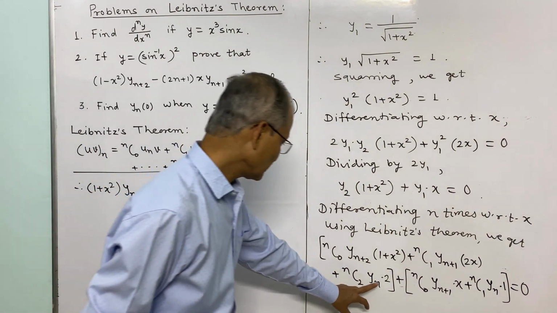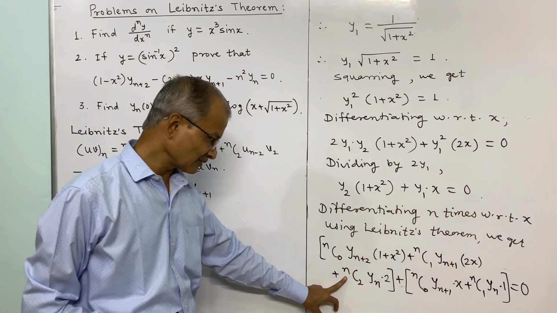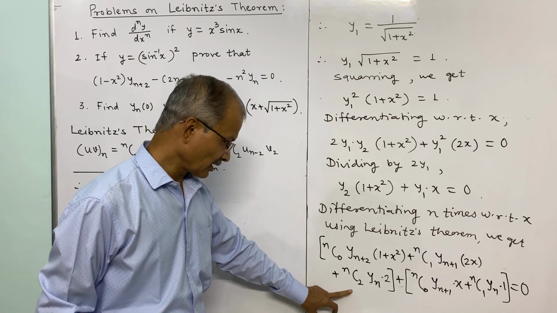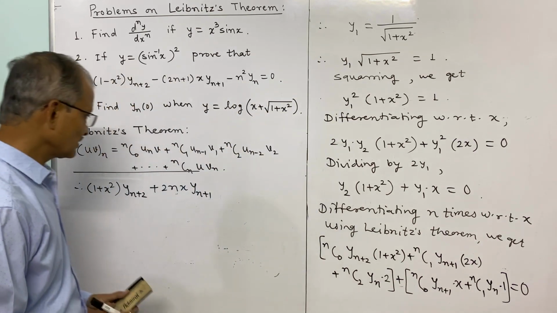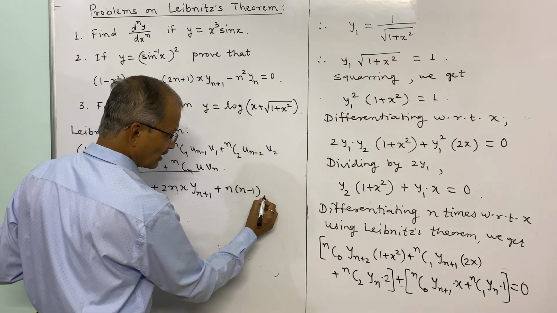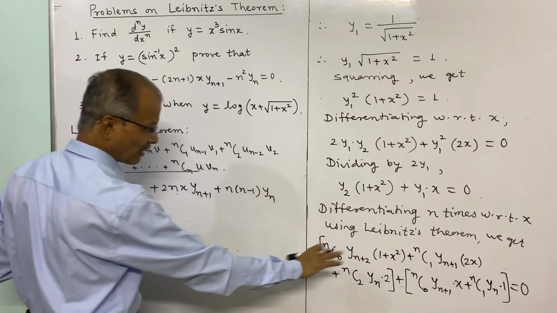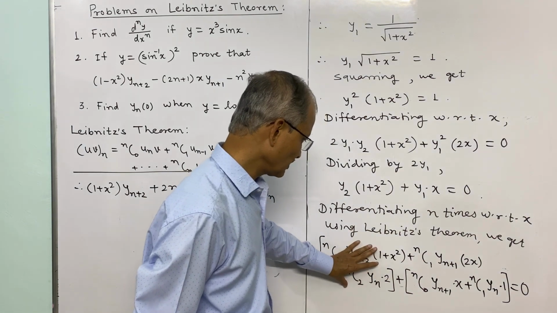And further, this n choose 2 is, we know, n into n minus 1 divided by 2 factorial. That 2 factorial, the 2 cancels, and what remains is n into n minus 1 into yn. You note the binomial coefficients, and so thus we have written these terms in the first bracket.